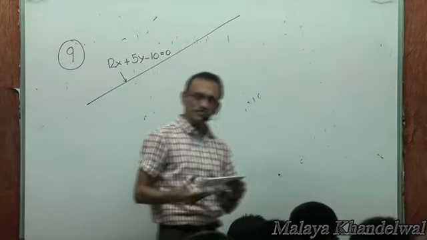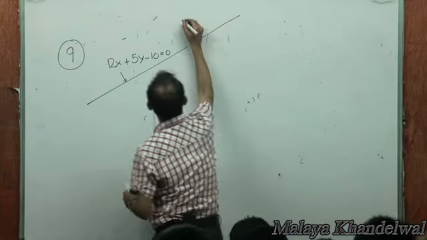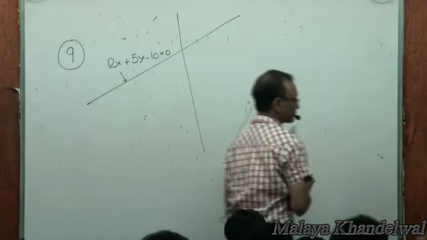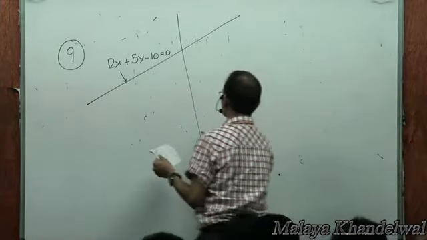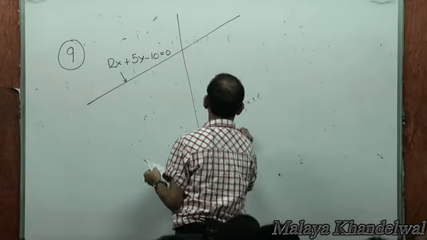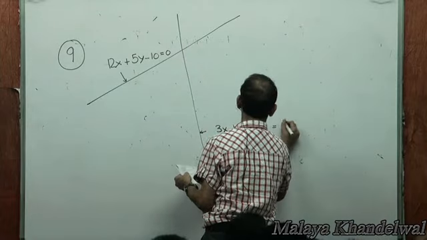There is another line, which is 3x plus 4y minus 5 equal to 0.